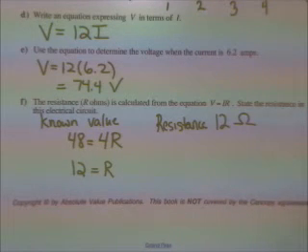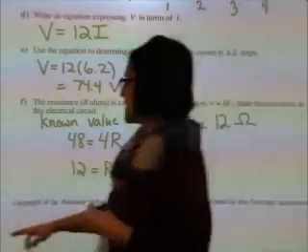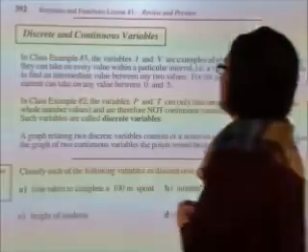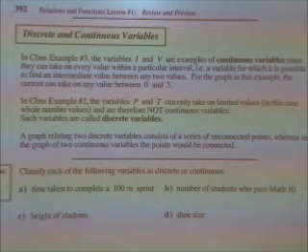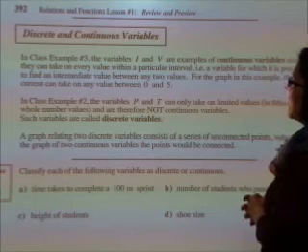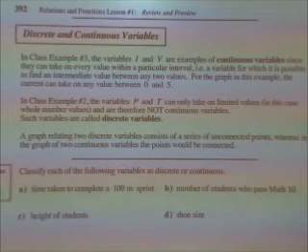So these two questions, class example 3 and class example 2, talked about continuous and discrete data. If you flip to the next page, it outlines discrete and continuous data again. In class example number 3, the variables I and V are examples of continuous variables because they can take on every value within a particular interval.